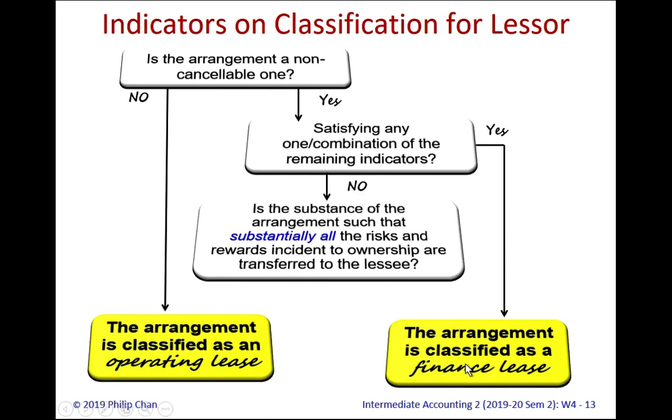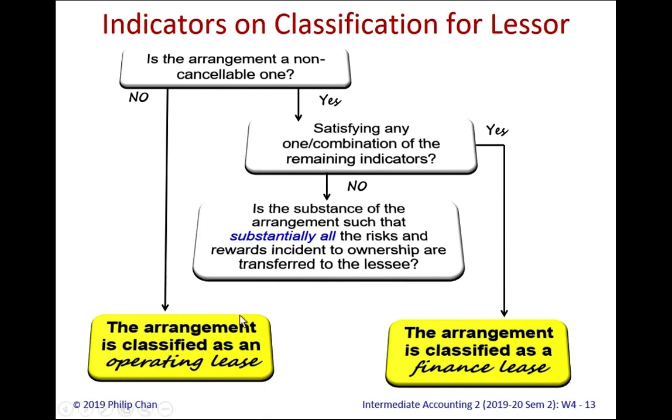What happens if you cannot find any out of the remaining 7 indicators from your contract? What would you do? Well, as per the standard, it says, can you verify within the agreement whether in substance substantially all the risks and rewards of that asset have been transferred to the lessee?